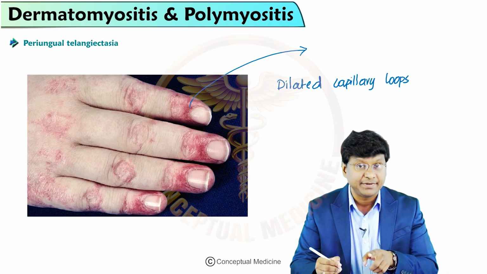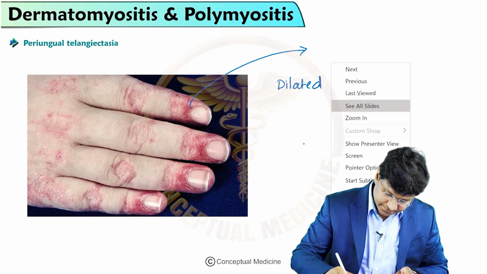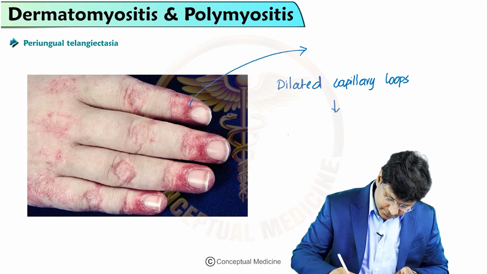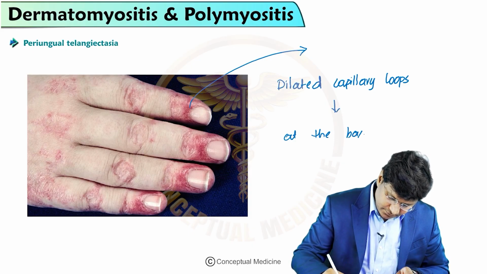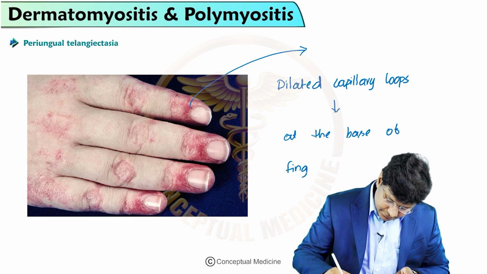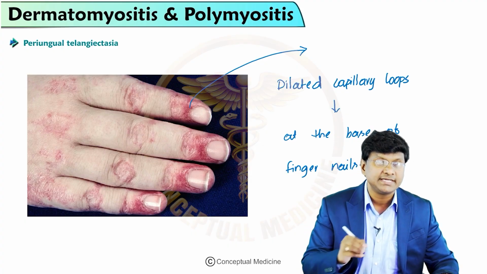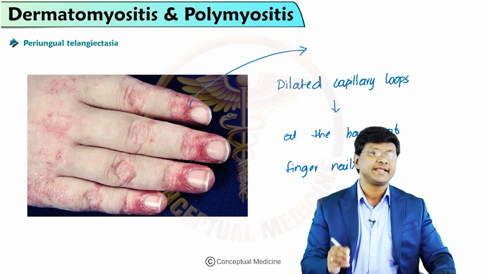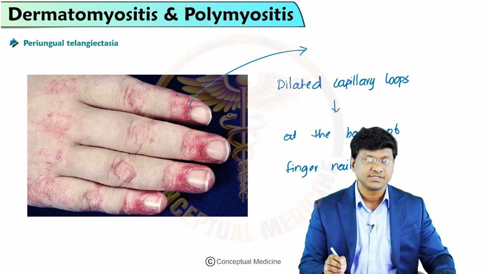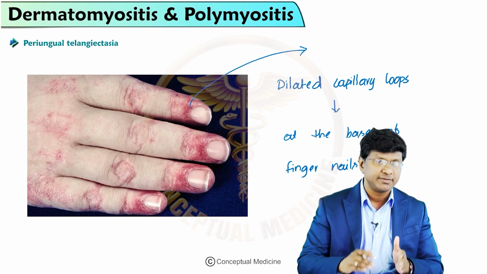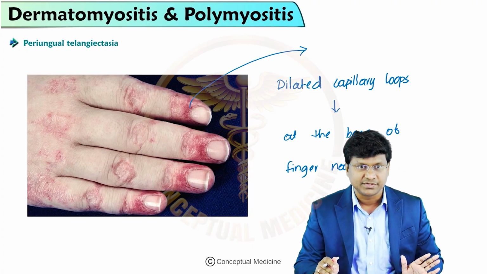Right, dilated capillary loops at the base of fingernails. That is what is your periungual telangiectasia, which are nothing but dilated capillary loops at the base of the fingernails. This is another characteristic dermatological finding in patients with the dermatomyositis.